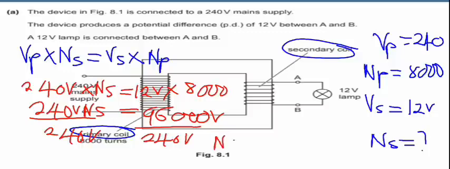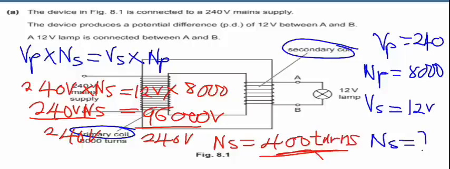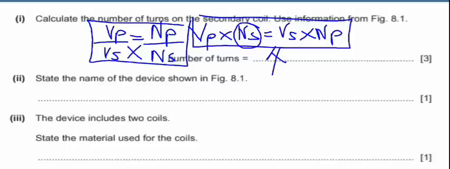The number of turns on the secondary coil is going to be equal to 96,000 volts divided by 240 volts. I'm going to get 400. So this 400 is the number of turns on the secondary coil. This is our answer. Let me write it here: 400 turns.